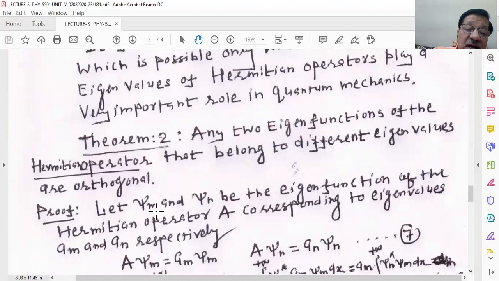They both belong to different eigenvalues.